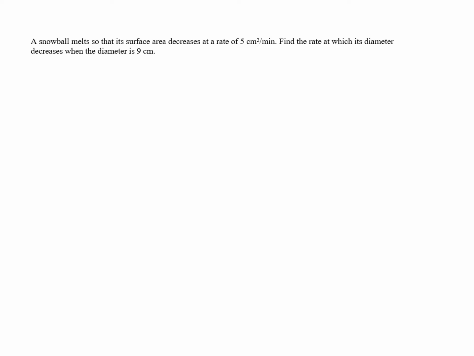So this is an interesting problem because I never really thought about how quickly a snowball might melt, but it makes sense that the rate of change relates to the surface area, because the more surface area it has, the more of it is exposed to warm air, and the faster it might melt, whereas when it is smaller, there is less surface area, and so it might melt a little bit more slowly.